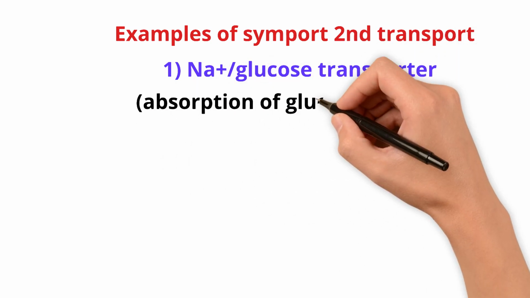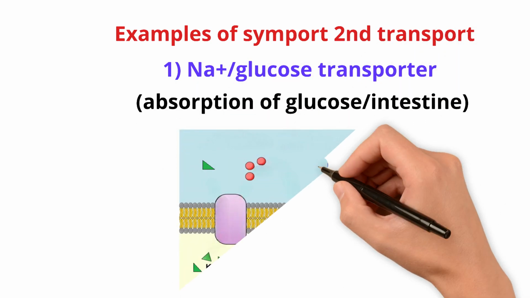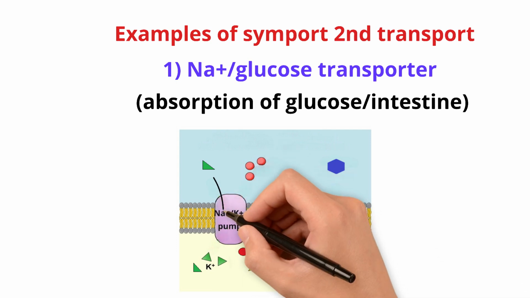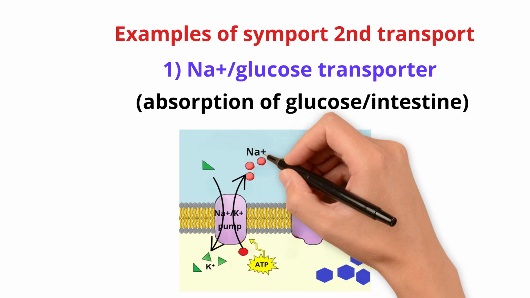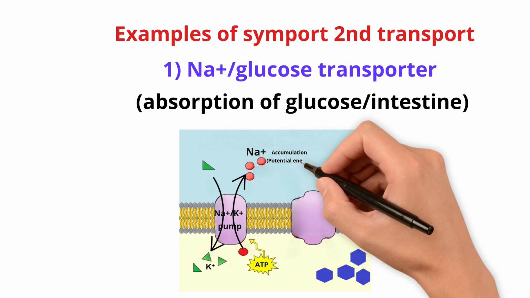A classic example of symport transport in eukaryotes is the sodium-glucose transporter in the intestines. First, the sodium-potassium pump uses ATP directly to move sodium out of the cell by primary active transport. As we said before, this builds up a high concentration of sodium outside the membrane and stores potential energy.